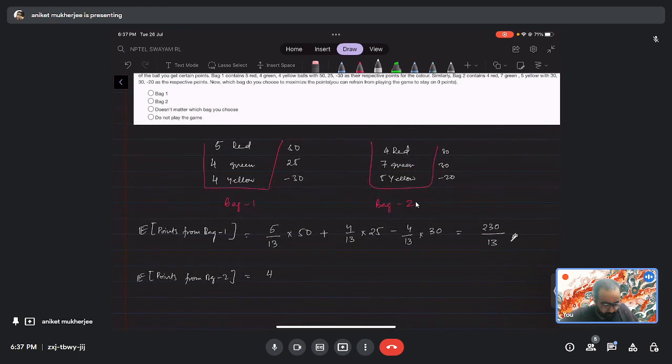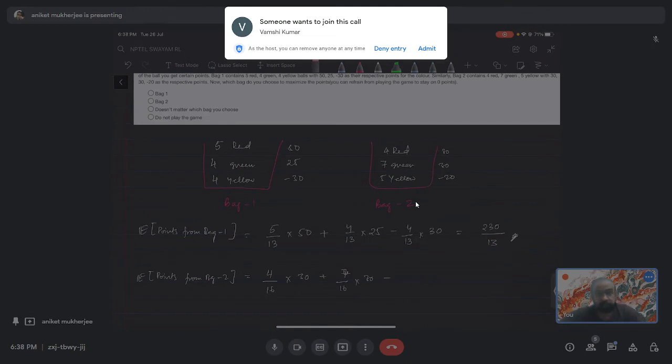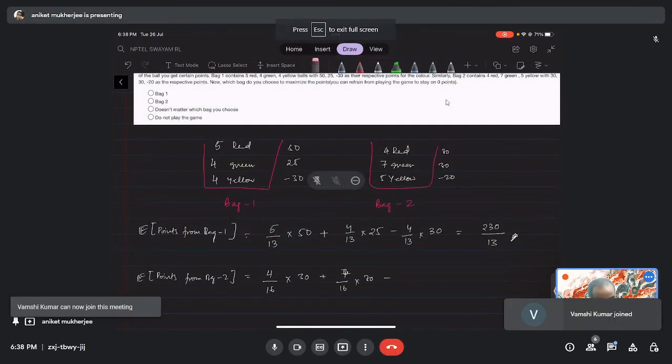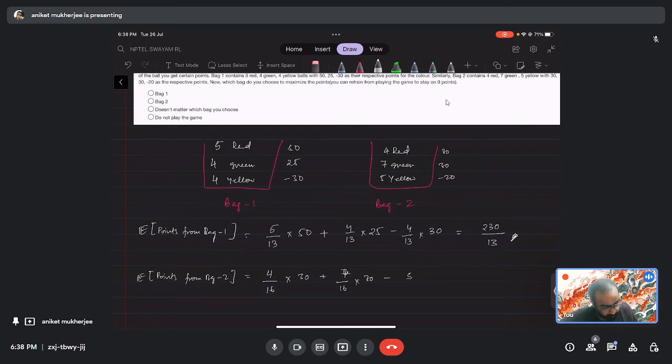In the same way, the probability that you pick a red is 4 by 16, since the total is 16, into 30, plus 7 by 16 into 30, then minus 5 by 16 into 20.